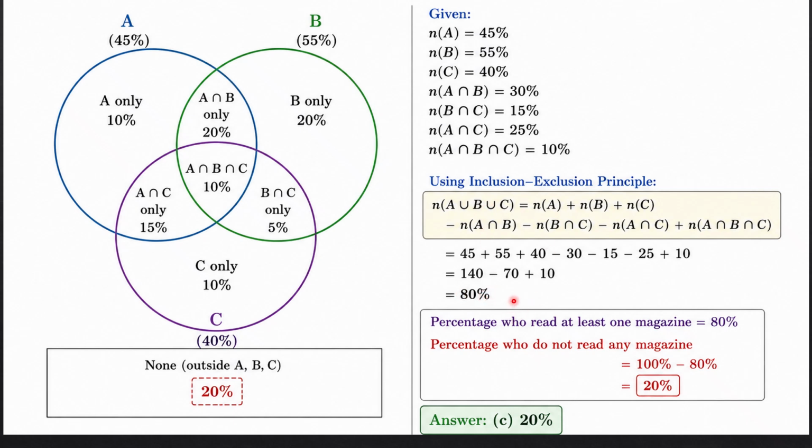So what is this 80%? Percentage who read at least one magazine. But we have to find who read none. Means how many percent of people don't read any magazine, right? So we'll subtract from 100. 100 minus 80, so we'll get 20%. So this is our final answer.